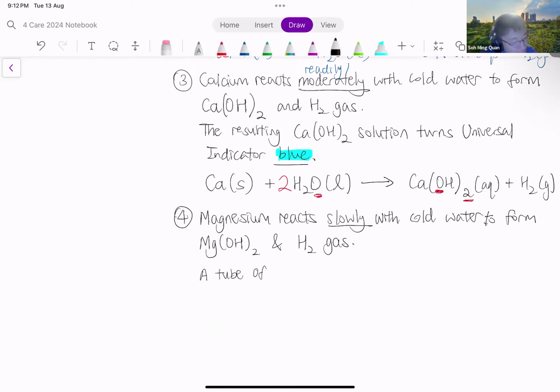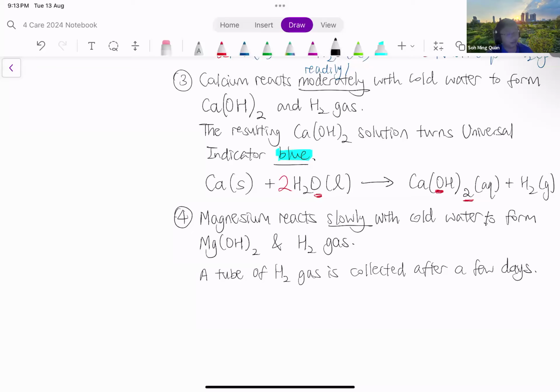If you collected the hydrogen, a tube of hydrogen gas is collected after a few days. The production of hydrogen is so slow, it takes days for a tube of hydrogen gas to be collected.